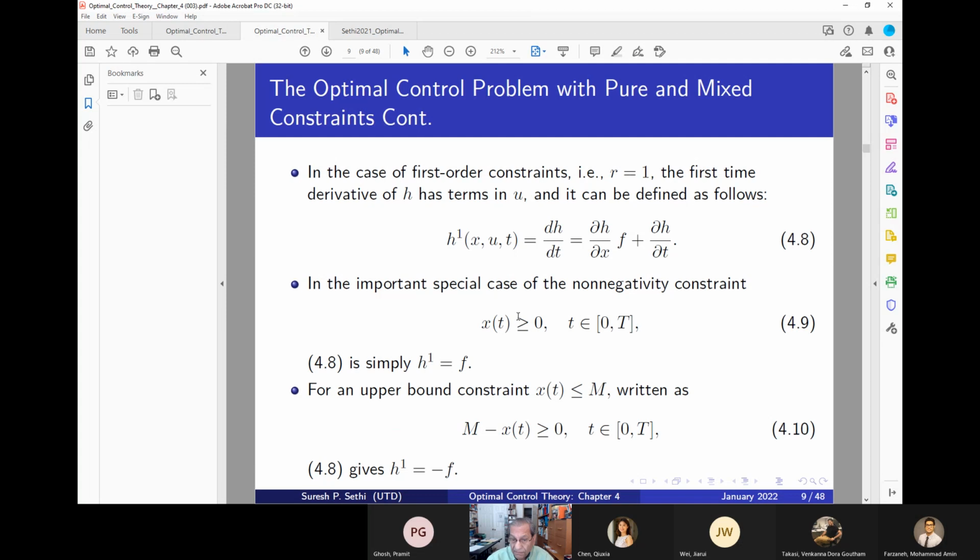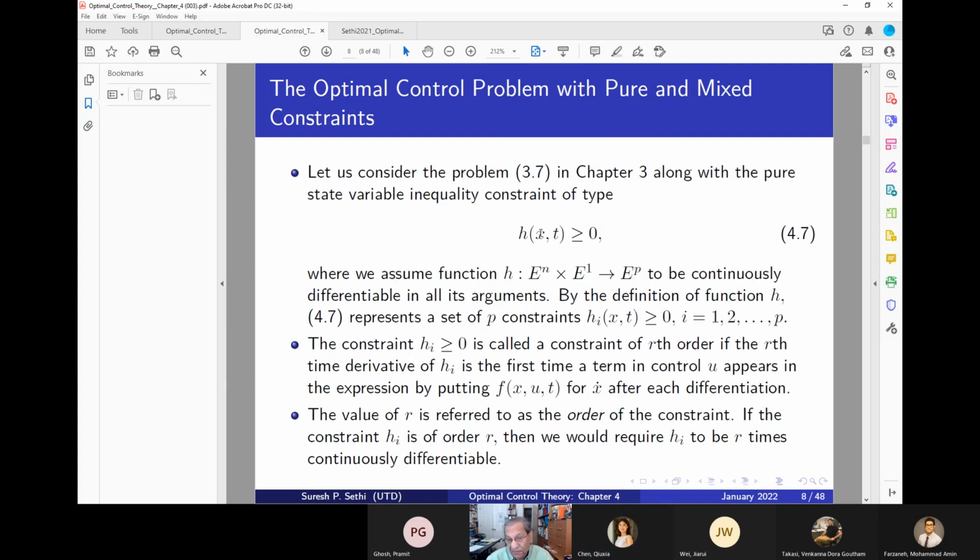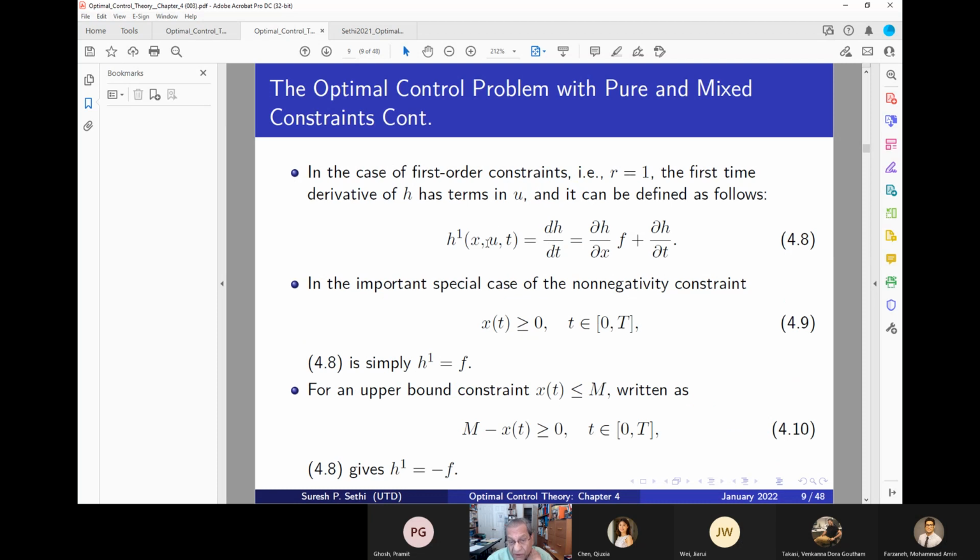That's just a simple function of x, the identity. If I'm on the boundary of this constraint, I want to make sure that its derivative is bigger than or equal to 0.